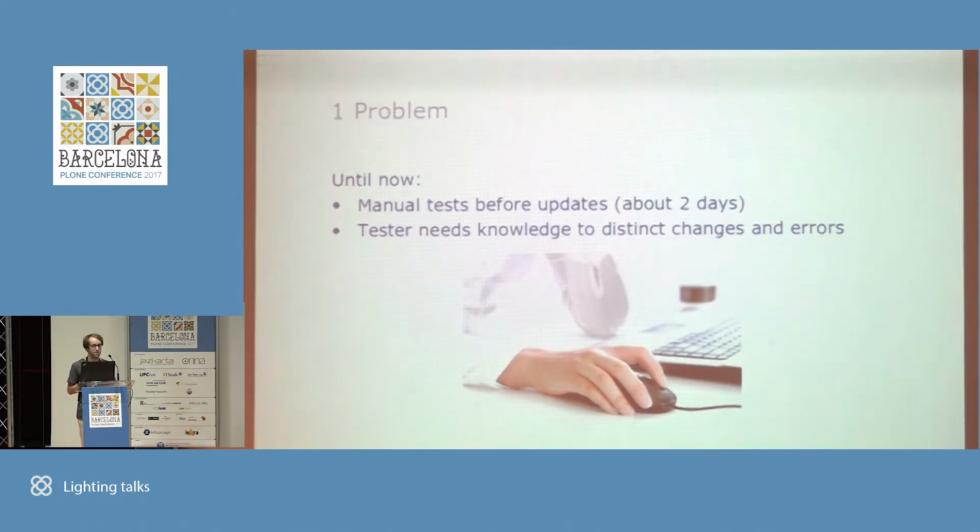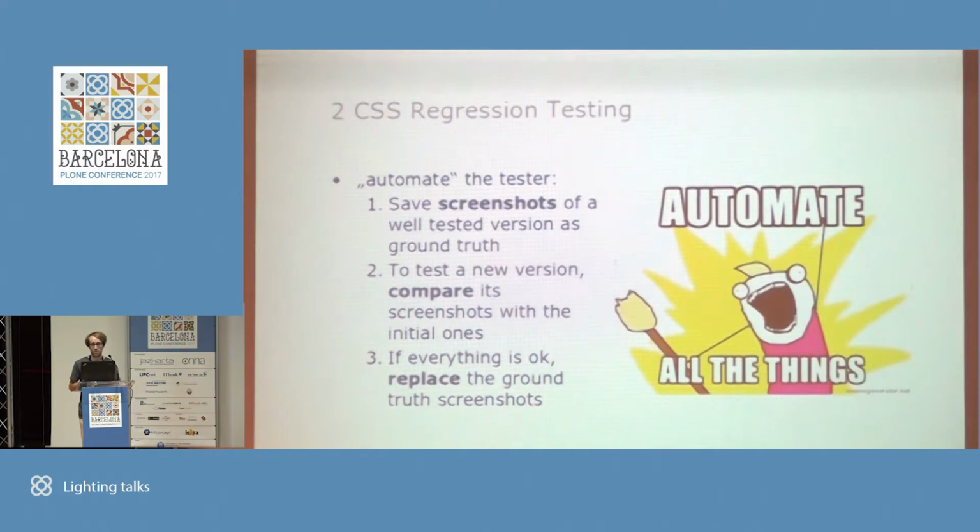And the tester needs lots of knowledge: how should it look, and what are actual changes, to distinguish these from errors. So the general solution is CSS regression testing or visual regression testing. You save screenshots of a tested version and take these as ground truth.